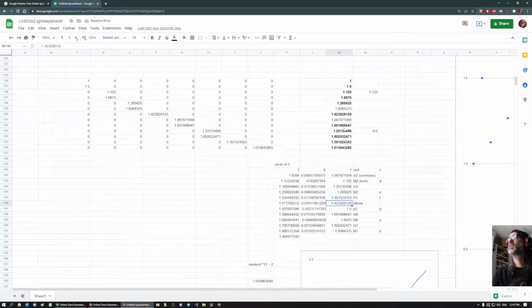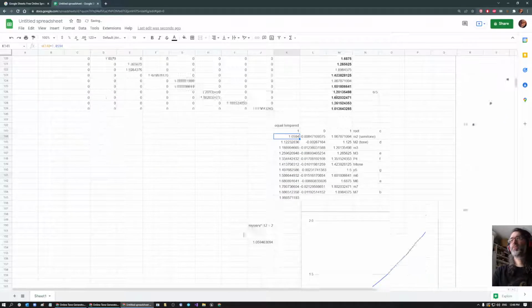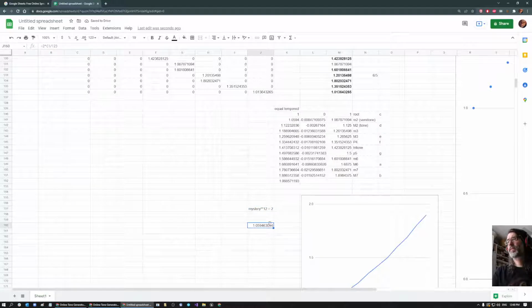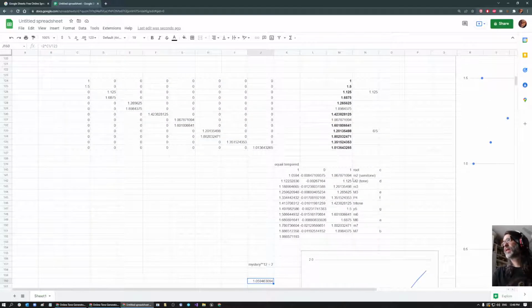No, this is not from the circle of fifths. This is equal tempered, using our little equation with the magic number, which is the 12th root, and this is coming from sorting this array that came from this. And this is the difference. This is the error that we're making by sorting the circle of fifths.